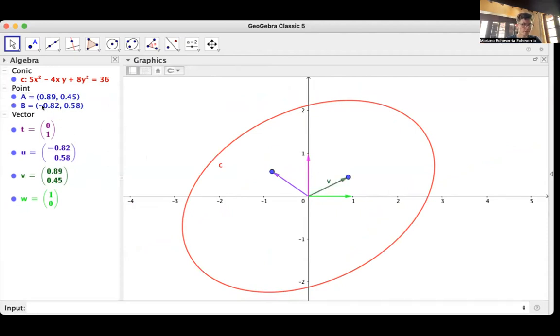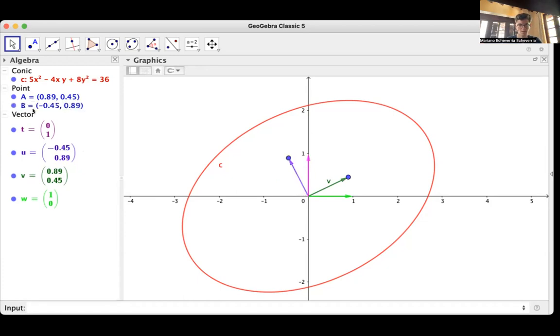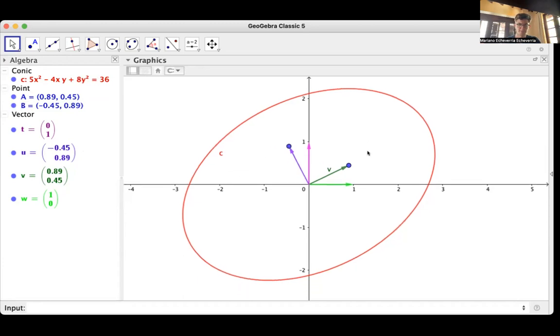So that's the first one. And then the second one was minus 1 over square root of 5, and then 2 over square root of 5. Okay, so that's the second one.